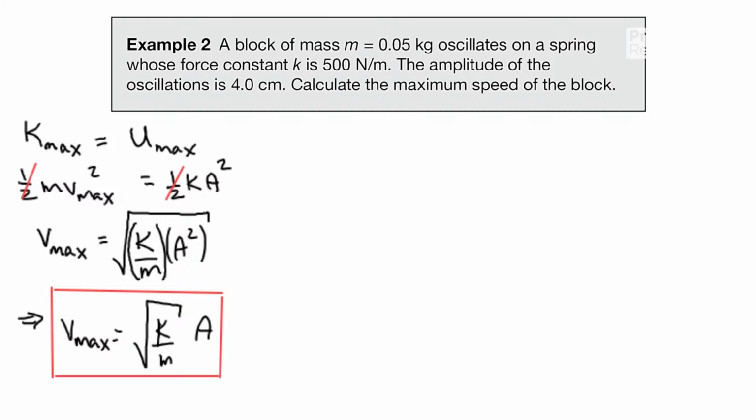That way you don't have to worry about thinking how to set up the problem to derive the expression, which you then ultimately use. It's pretty common to have to work with this. So the max speed of your spring mass oscillator is root k over m times A, the amplitude. So in this instance, we'll plug in our numbers.